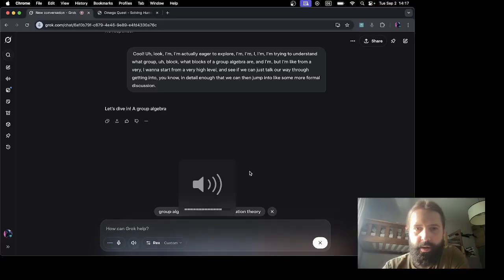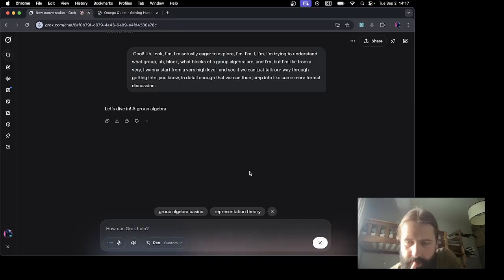Let's start high up. Group algebras are basically a way to mix groups and linear algebra. Imagine you have a group, like a collection of symmetries or operations you can do, say, rotations of a triangle. Now, instead of just doing those operations one by one, you want to do math with them, like adding or scaling them. A group algebra takes all the group's elements, turns them into a basis for a vector space, and lets you combine them with numbers, usually from a field like the real numbers or complex numbers.